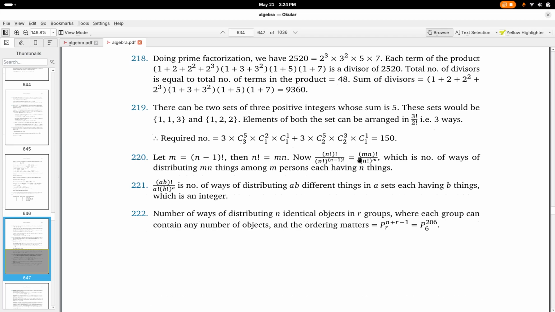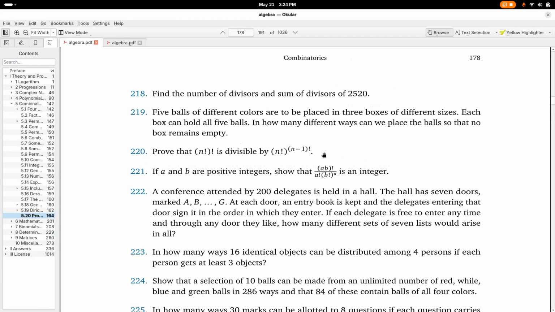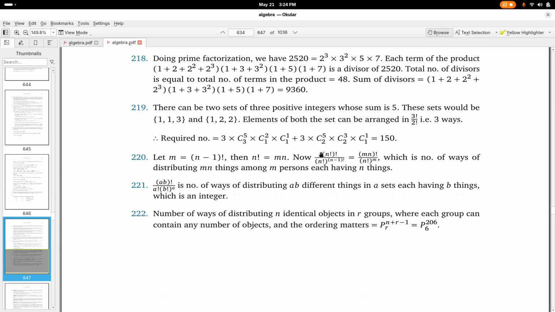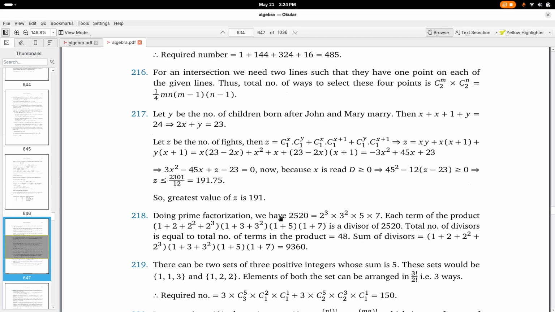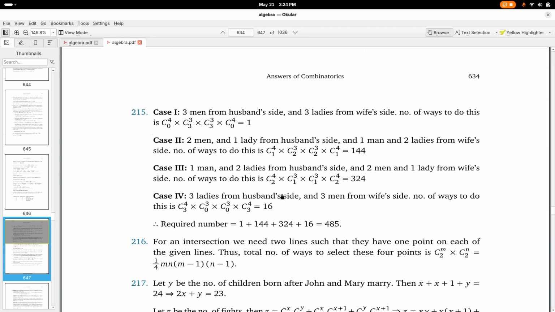So this we can write as mn factorial by n factorial to the power m, which is the number of ways of distributing mn things among m persons, each having m things, and therefore it will be an integer, and we prove the divisibility. So it was a tricky problem, question 220. Some of the problems require knowledge of certain stuff. So as you can see, the problems are getting harder, so you need to pay more attention.